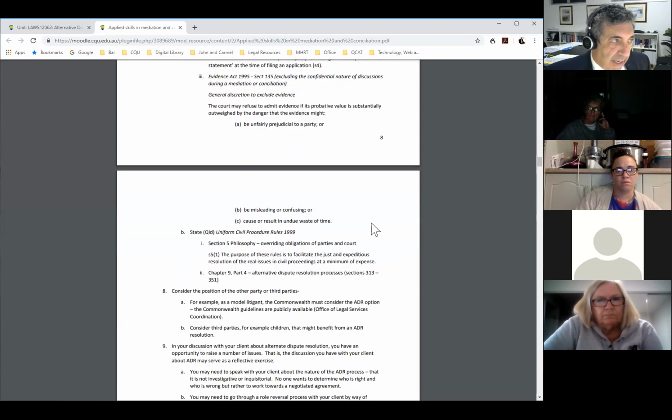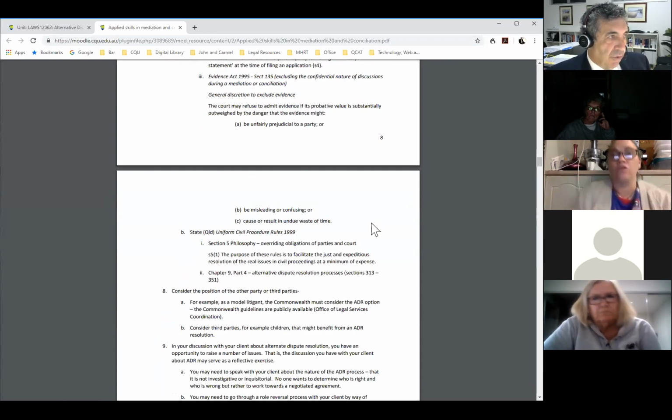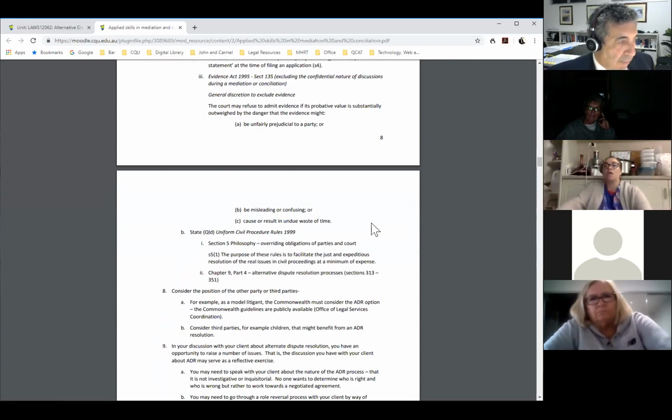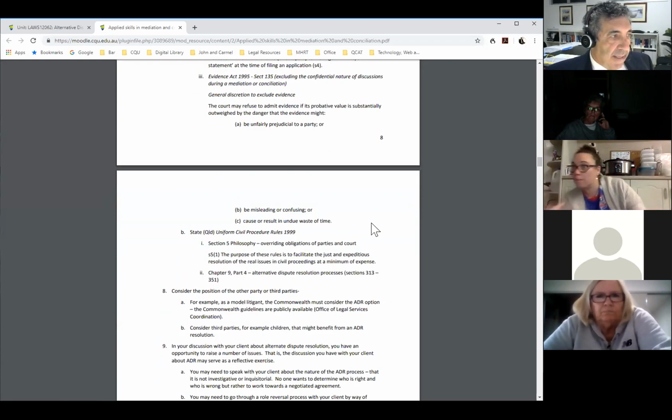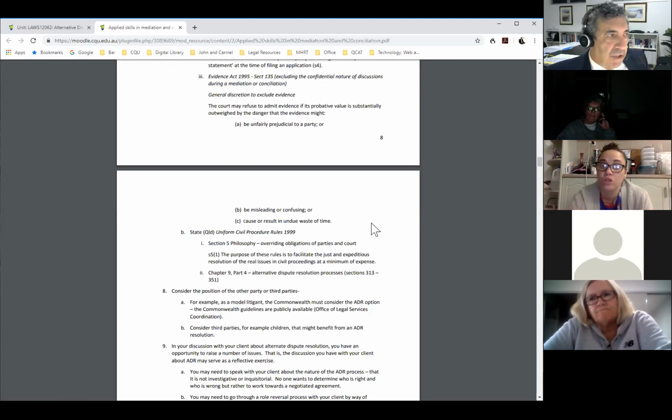Also in the Evidence Act 1995, Commonwealth, Section 135 deals with the issue of excluding confidential nature of discussions during mediation or conciliation. So that's a specific statutory provision, but it's a general requirement of ADR.